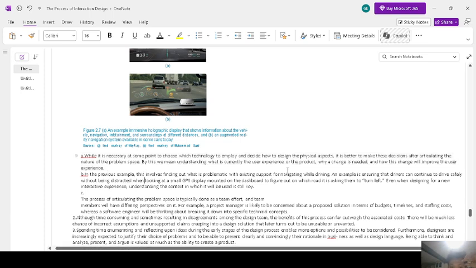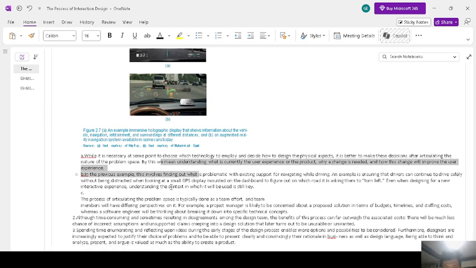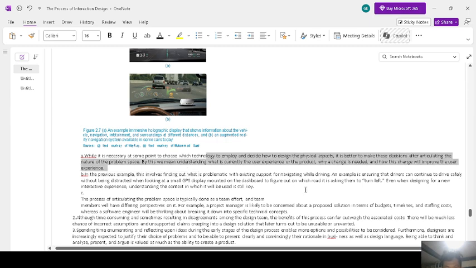Use technology to employ and decide how to design the physical aspects. It is better to make these decisions by understanding what is currently the user experience or the product, why a change is needed, and how this change is.